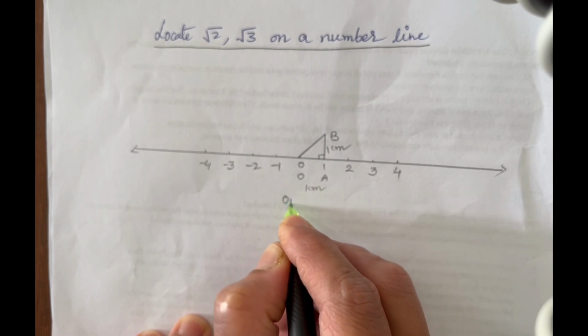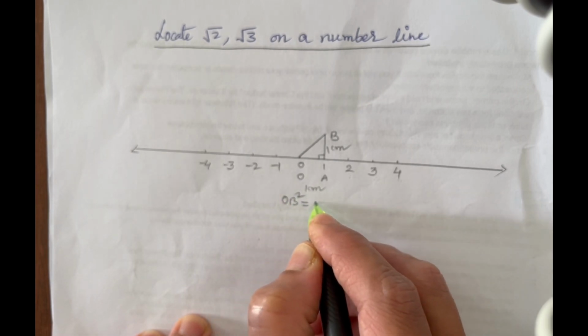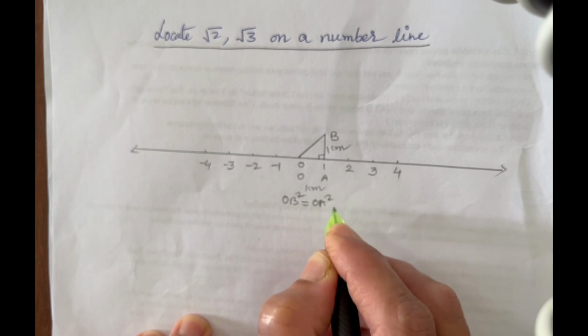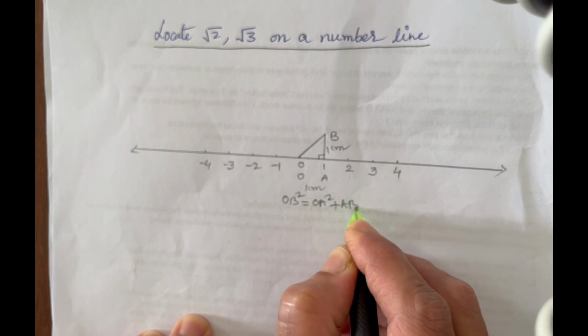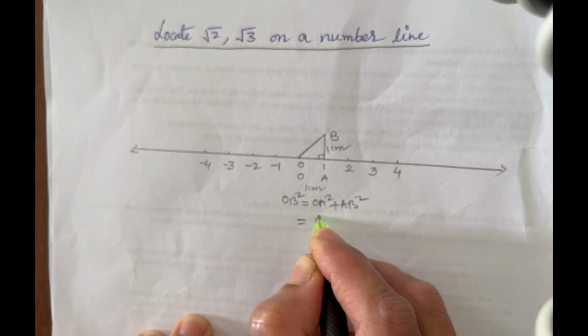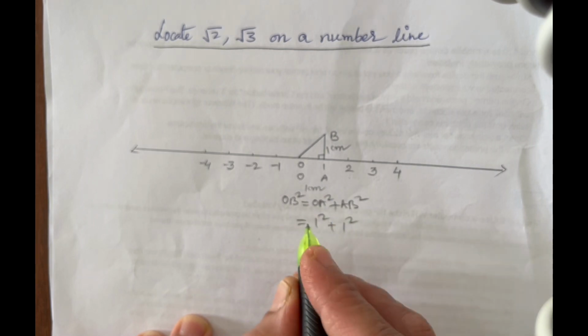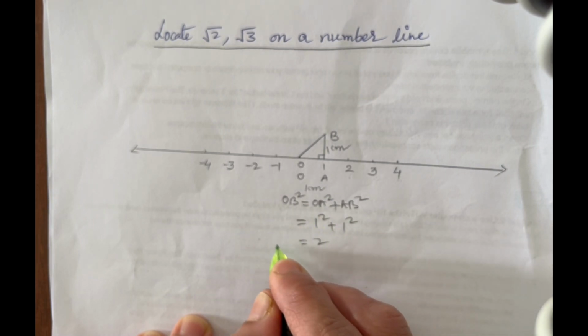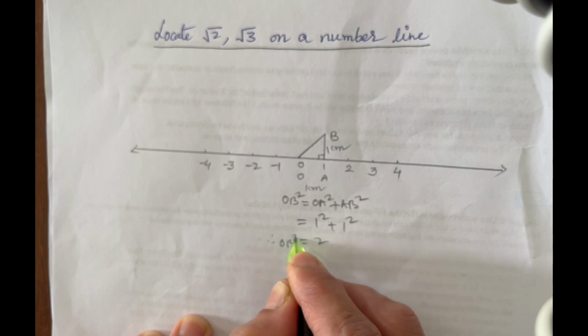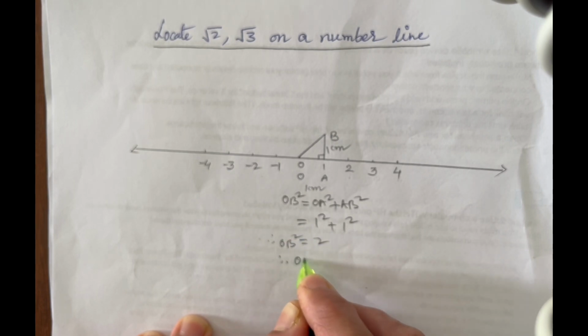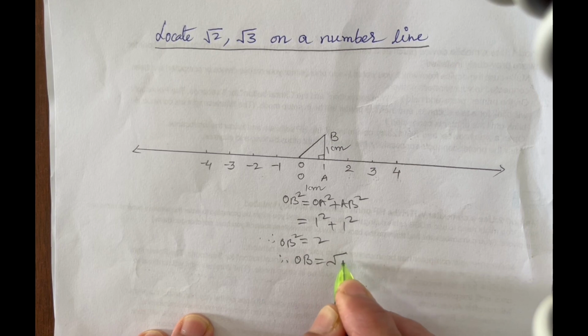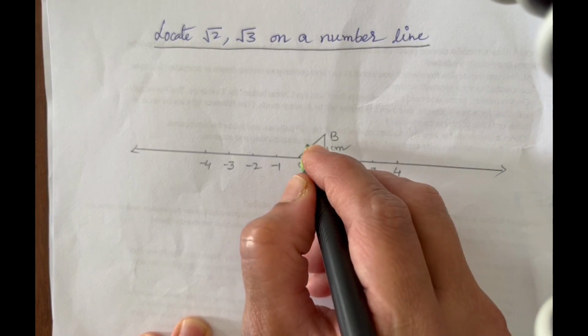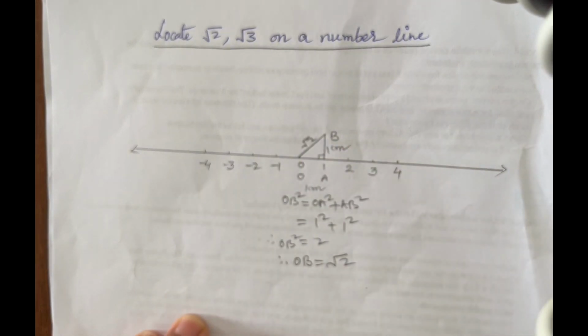That means OB square is equal to OA square plus AB square. Each is 1, so 1 square plus 1 square equals 2. So your OB square equals 2. Therefore, OB is equal to root 2. So here is your root 2 as OB.